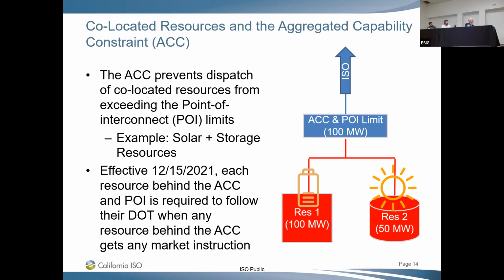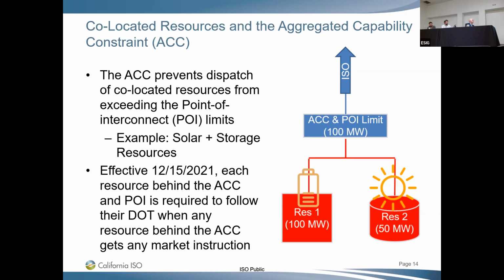And then behind the scenes, you have a battery resource at 100 megawatts, and you have a solar resource that's 50 megawatts. So both of these cannot put full output onto the system at the same time, because then you're going to be above your point of interconnect, and that's just a no-no. So with that, the market uses this ACC to make sure that it's co-optimizing underneath the hood each one of these resources to stay underneath the aggregated capability constraint.